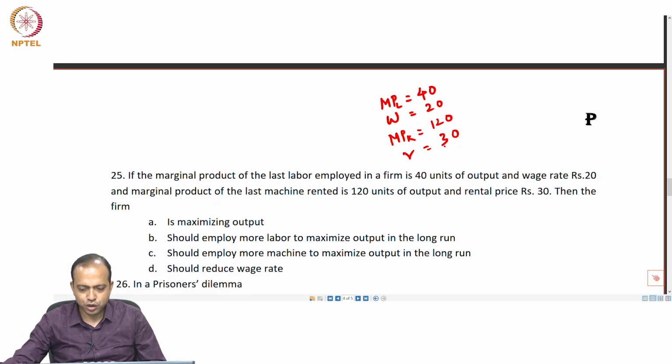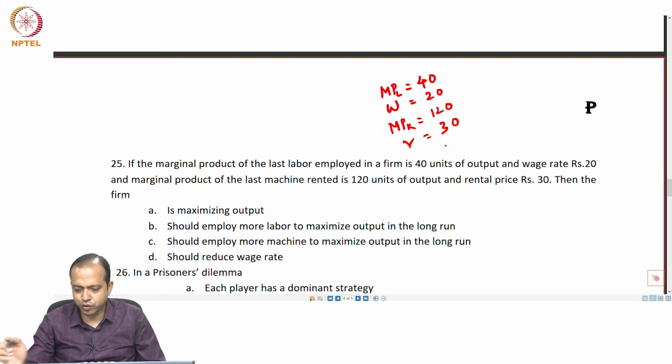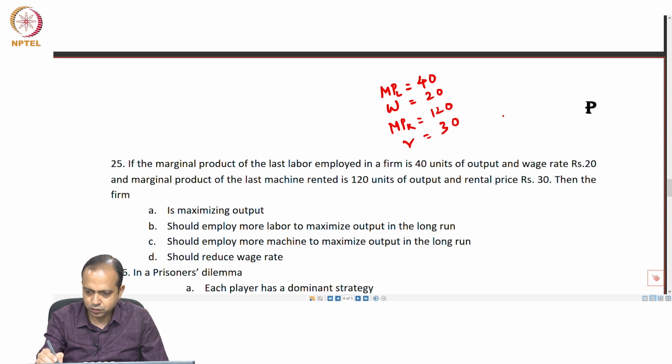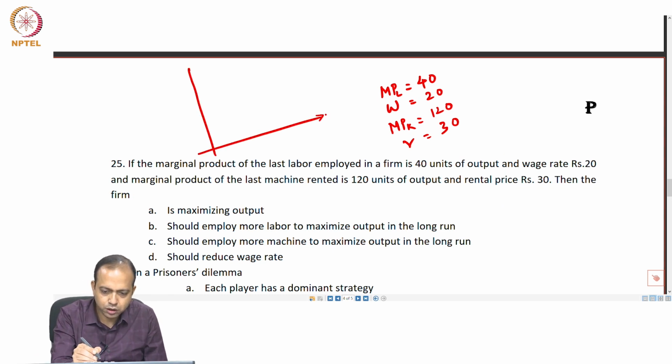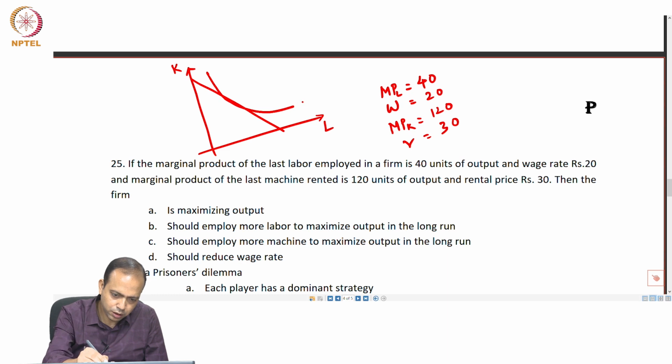If you recall, maximizing output requires a certain condition. What is the condition? This is, let us say, capital, and this is labor. Let us say this is the isocost line, this is the isoquant line, and this is the equilibrium L star and K star.